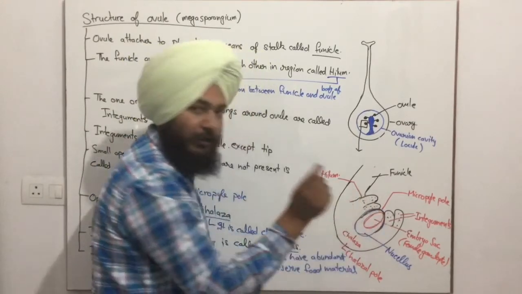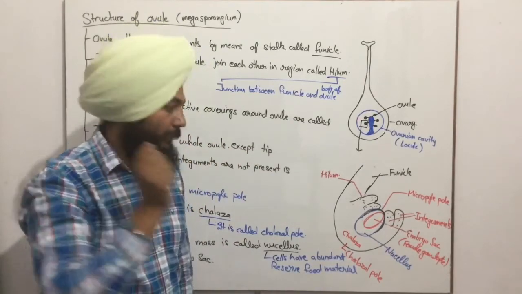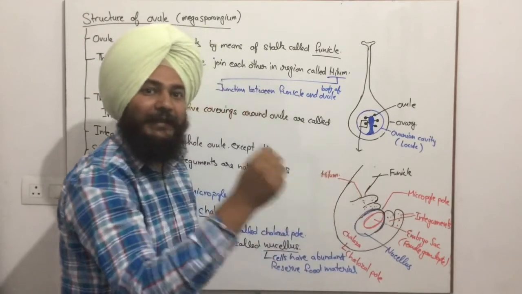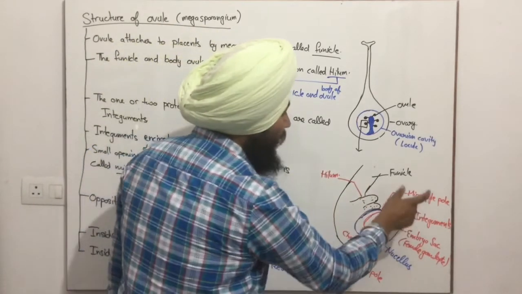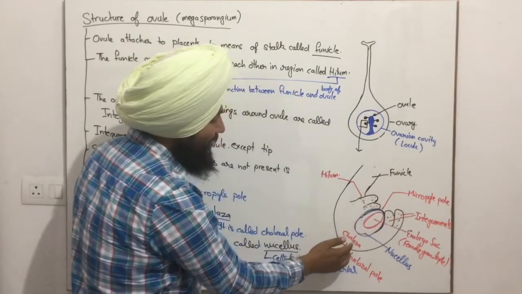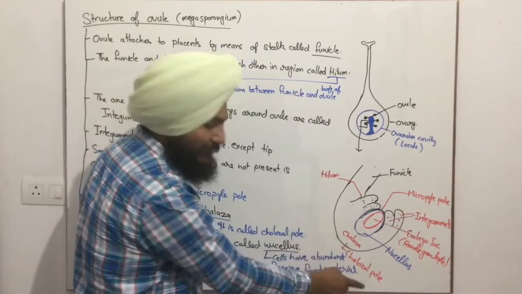And that small hole where the integuments are not present is called the micropyle, and the end where the micropyle is located is called the micropyle pole, okay. Now opposite to the micropyle pole is the chalaza, and this end is called the chalazal pole.